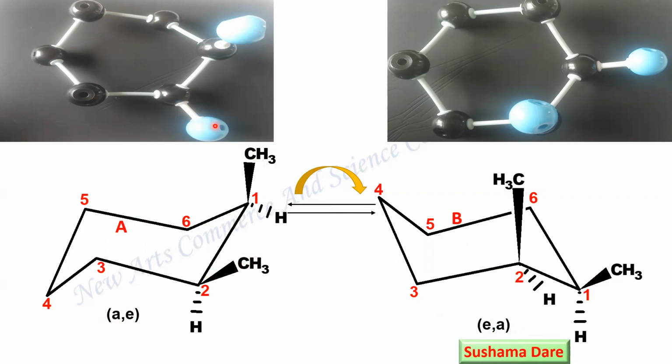Once it gets flipped, carbon number 4 is now going up and carbon number 1 is going down. Now this axial methyl group changes to an equatorial methyl group, and this equatorial methyl group changes to an axial methyl group.